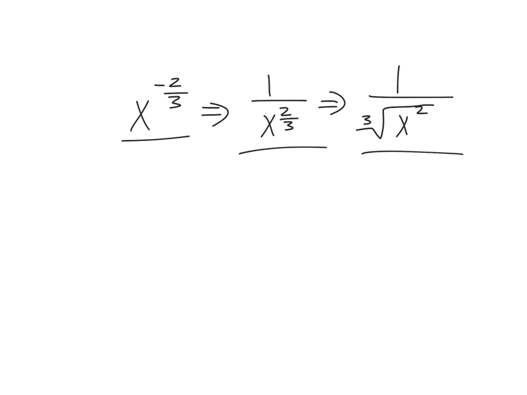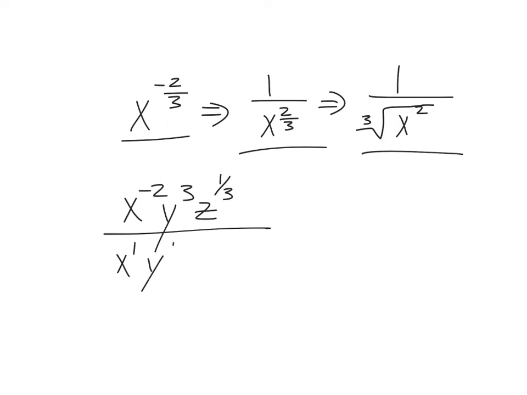So let's do one more complex kind of problem. What if we throw in negatives and division and multiplication and all that kind of stuff? So let's say I have x to the negative 2, y to the 3rd, z to the 1/3, all over x to the 1st, y to the 1st, z to the 5/3.